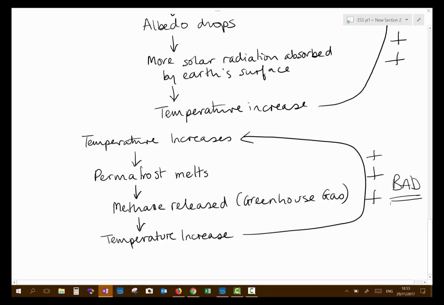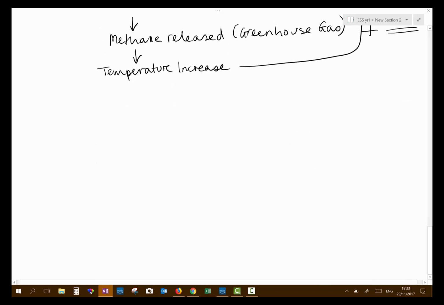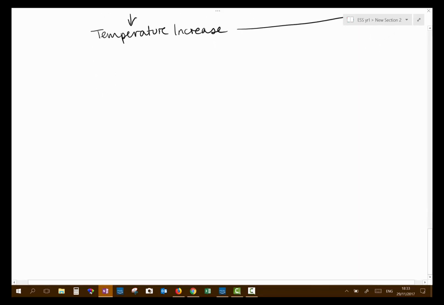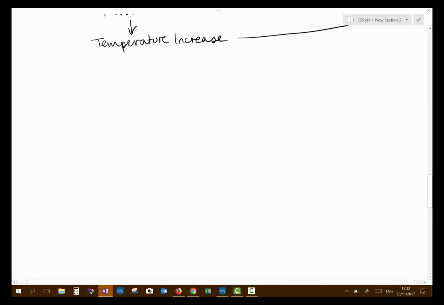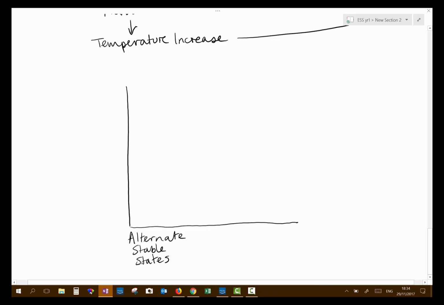Now I'm going to come back to this idea of tipping points. Okay, and we're going to draw a little diagram. Ecosystems exist in what you call alternate stable states, and we can represent this in this graph. Okay, so this is the first state. We'll just give it number 1, but you could call it whatever you like.